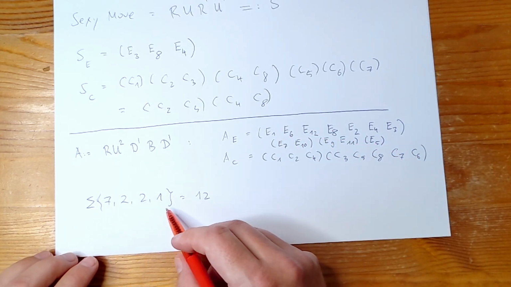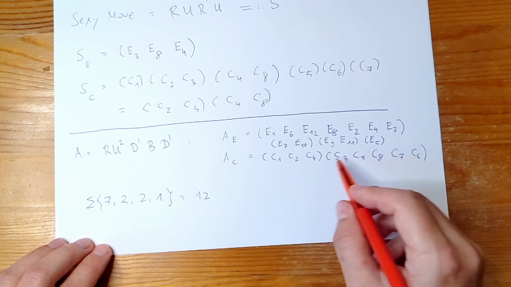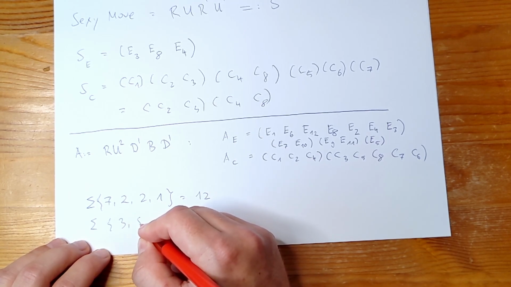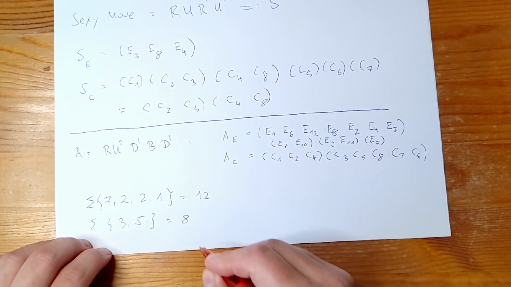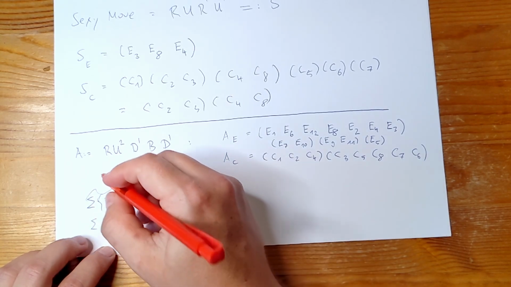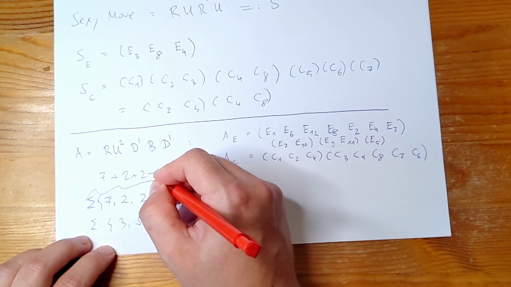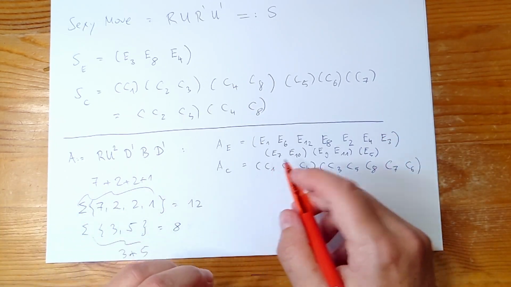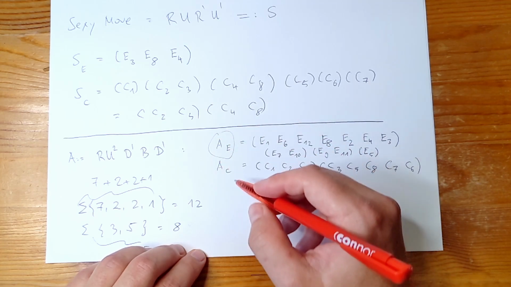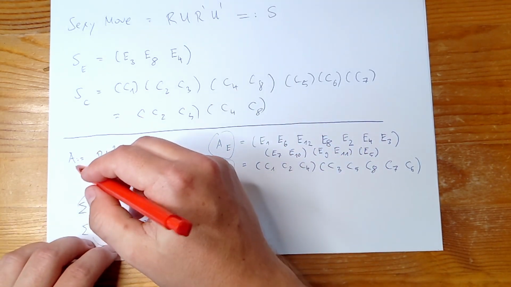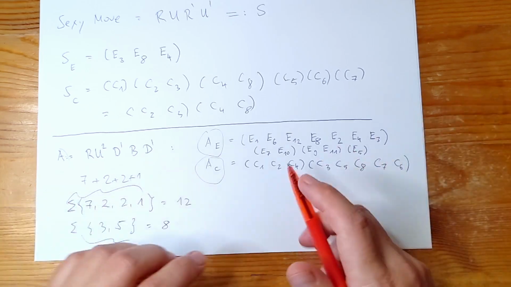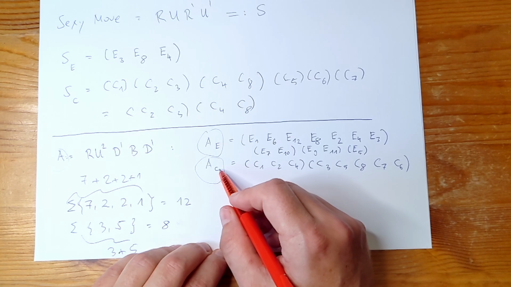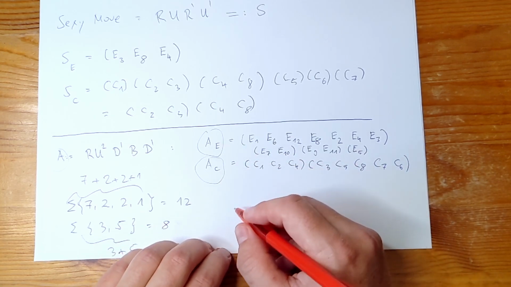And here it's also clear that the sum with the corners is 8. So the sum of 3 and 5 here is 8. So whenever you decompose the edge permutation or the corner permutation of any sequence of moves such as this one, you end up with certain cycle lengths which add up to 12, respectively 8. This is something we need to keep in mind.